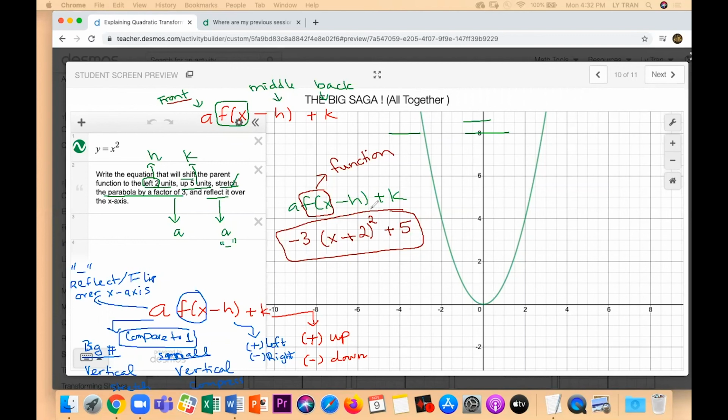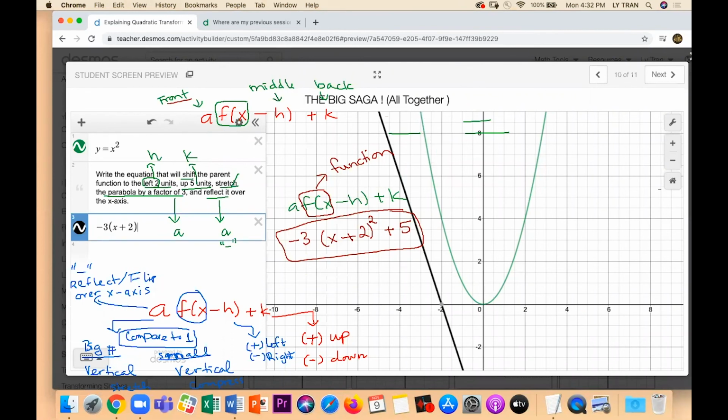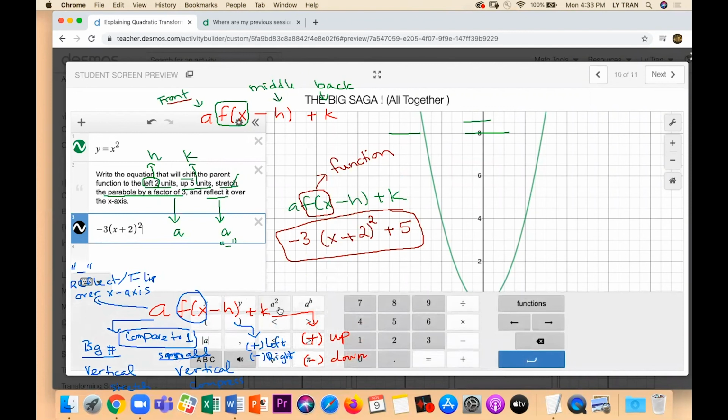So I'm going to write the power 2 on top, and I don't have to put the f. The power 2 will represent what I'm talking about. I want to make sure what I did here is correct, so I'm just going to graph it. So negative 3 times (x plus 2) squared, and then plus 5. I know that my picture looks kind of messy, but here we are.